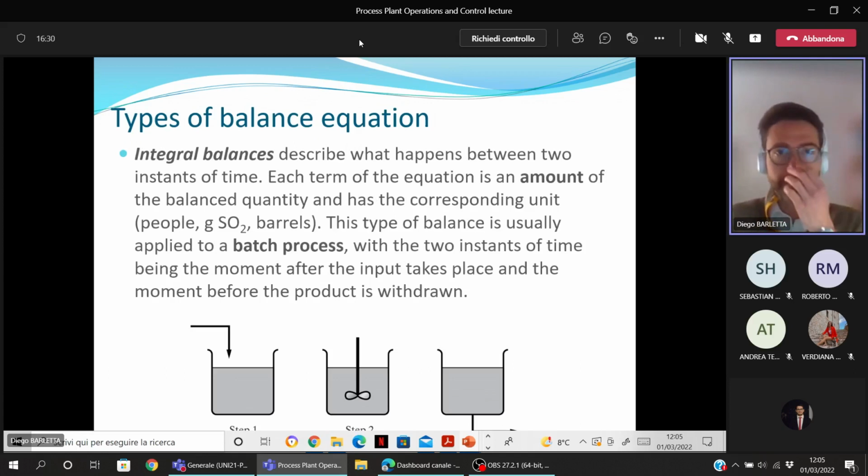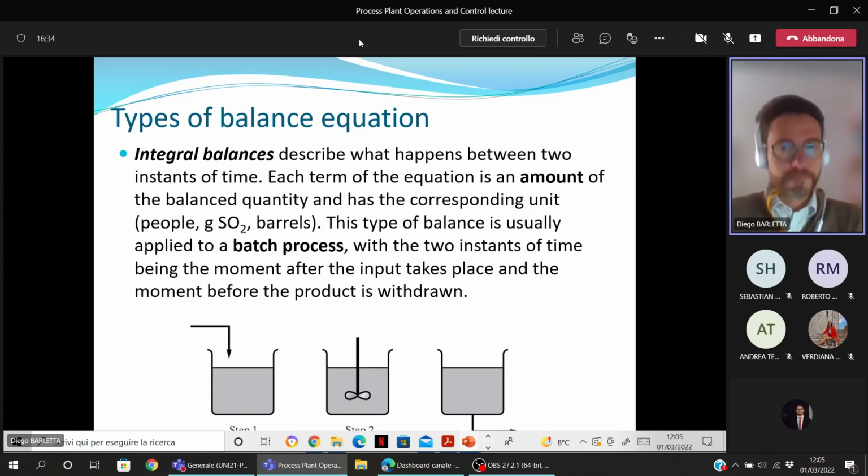Then we have the second type of balance equation, that are instead integral balance equations, in which we are following what is happening between two instants of time, so an initial time and a final time.